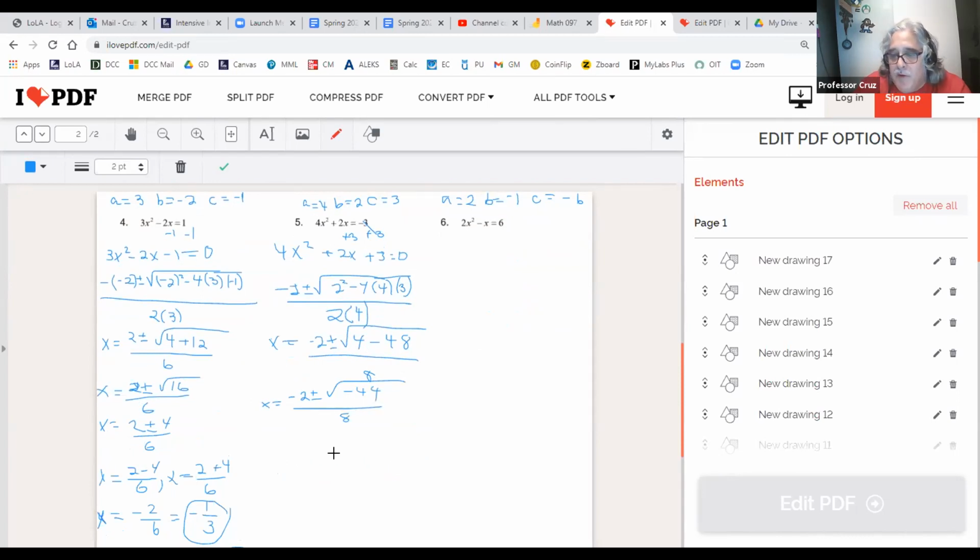So this is going to simplify as negative 4 times 11, because that's the only thing that comes out. The negative 4 comes out as a 2i, and the square root of 11 stays in there.